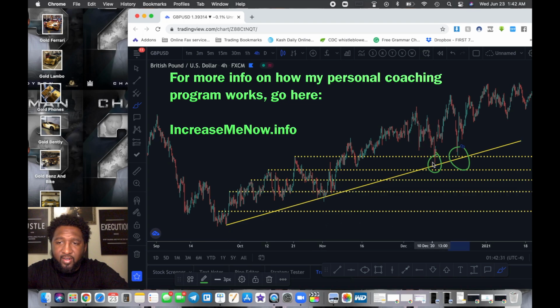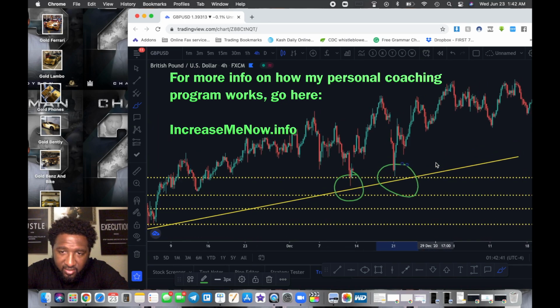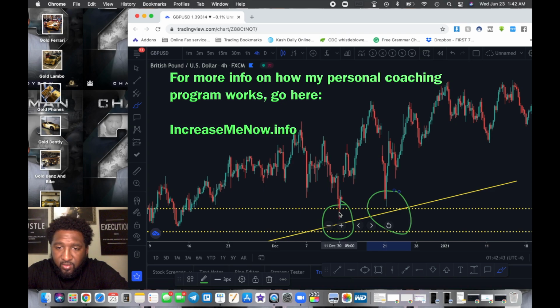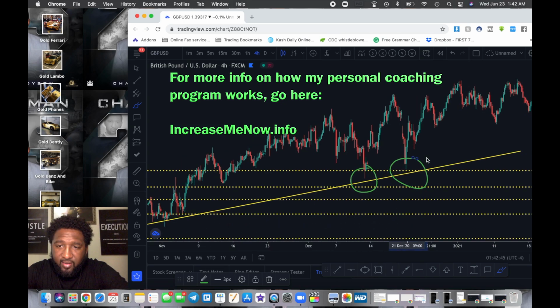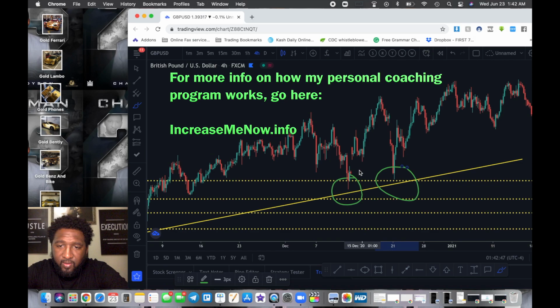As long as the market stayed above this yellow line, guess what? It was still in buyer's territory. And guess what? They came down and basically established that this trend is strong. Big rejection off of this zone. Remember, this trend line is still a zone. Big rejection, kept going up. Next time it came down, guess what?